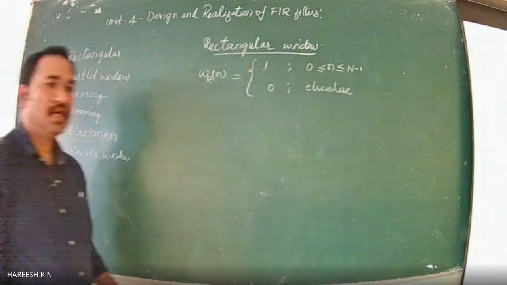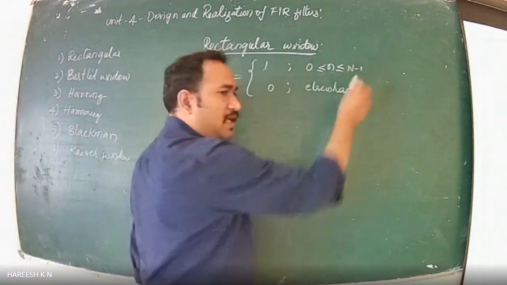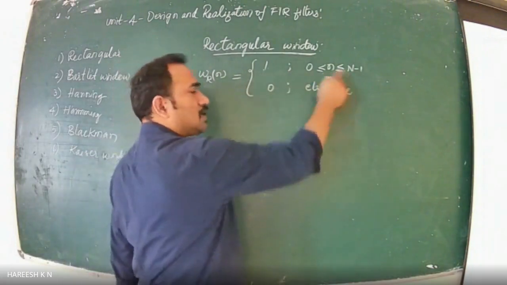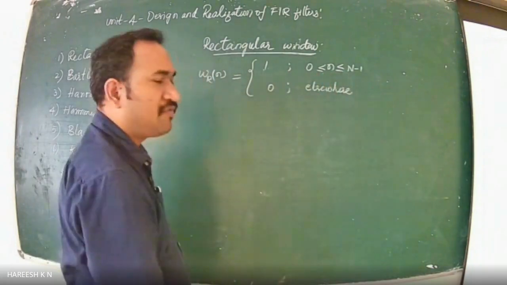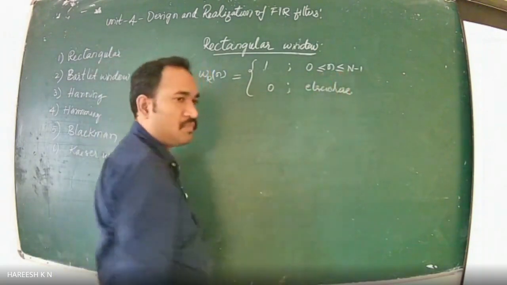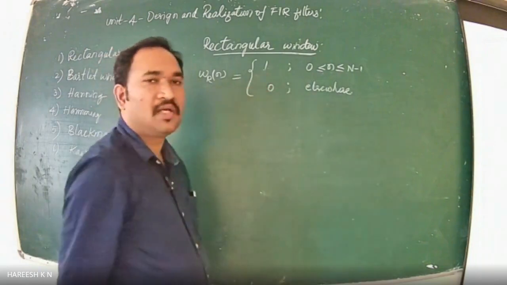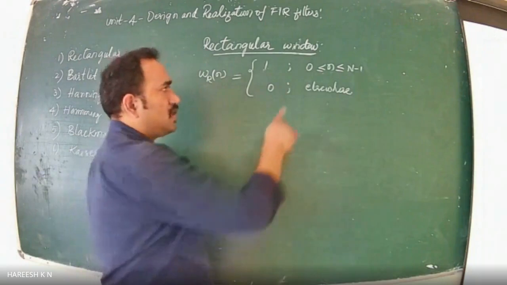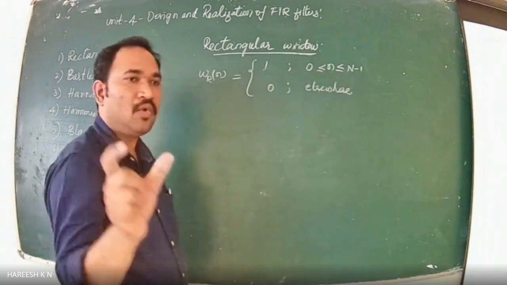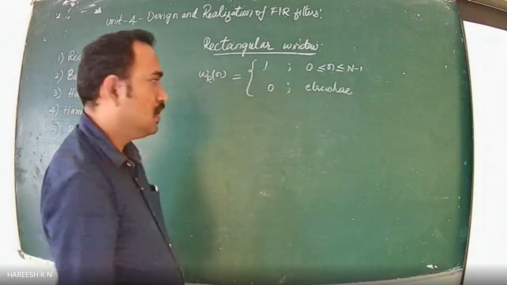As we were saying, N can be odd or even, and the window length will depend on the value of N. If N is equal to 10, it varies from 0 to 9; from 0 to 9 its value will be 1 and 0 elsewhere. If N is equal to 5, from 0 to 4 its value will be 1 and 0 elsewhere. Based on the value of N, the window size will depend.